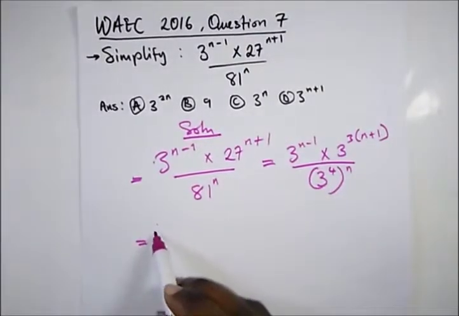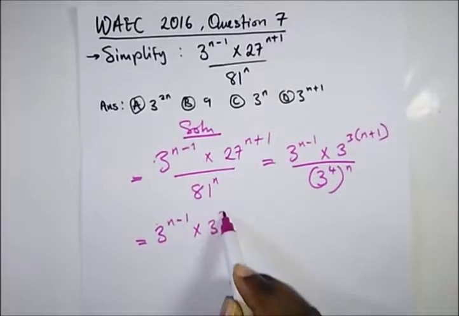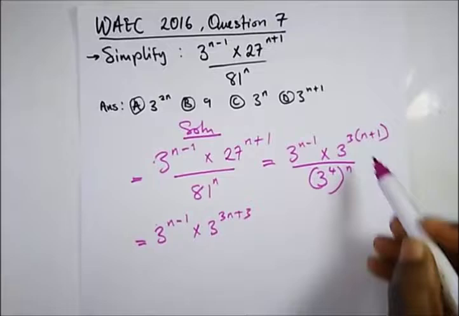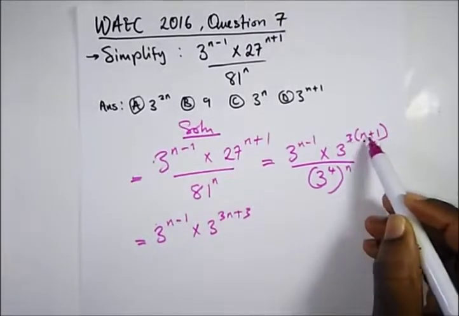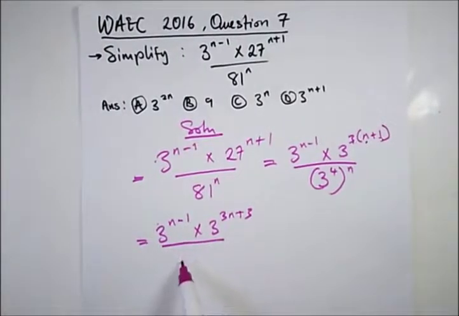So we have here 3 raised to the power n minus 1 times 3 raised to the power 3n plus 3. That's 3n, 3 times n, plus 3 times 1, which is 3, divided by 3 raised to the power 4n.